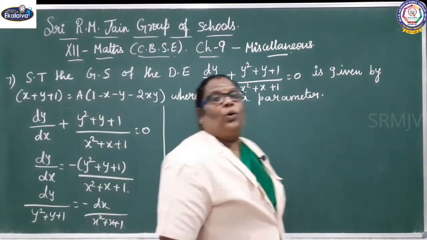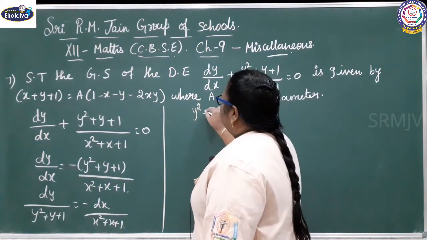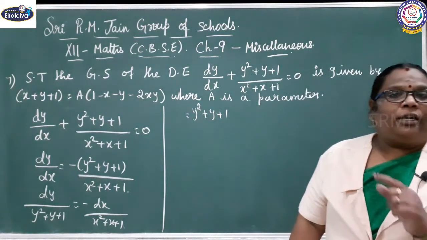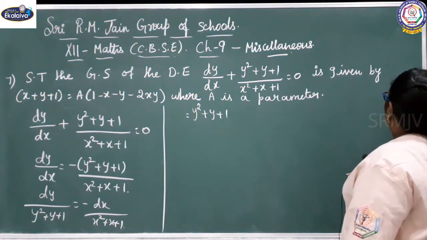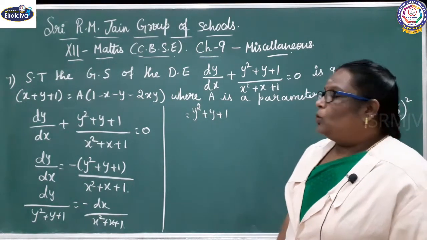See, y square plus y plus 1. What is the coefficient of y here? 1. So 1 by 2 the whole square, whatever coefficient, by 2 the whole square.